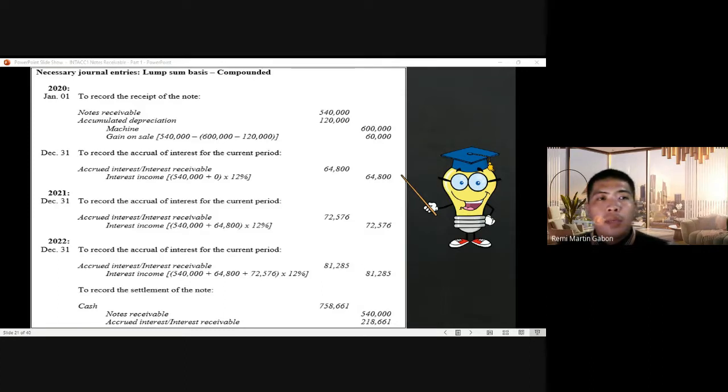So December 31, 2020, to record the accrual of interest for the current period, we debit accrued interest or interest receivable, then credit interest income. Since it is the first year of computation of the interest, wala pa tayong previous interest na i-associate with the 540,000 principal amount.